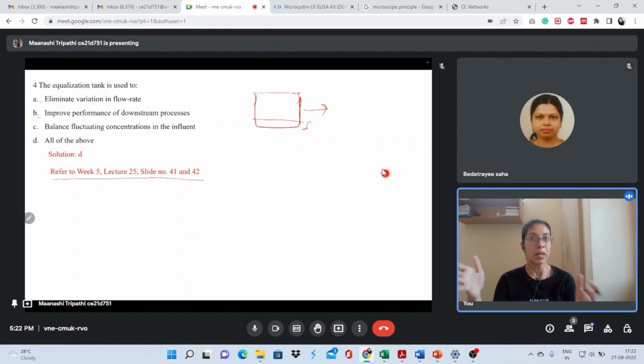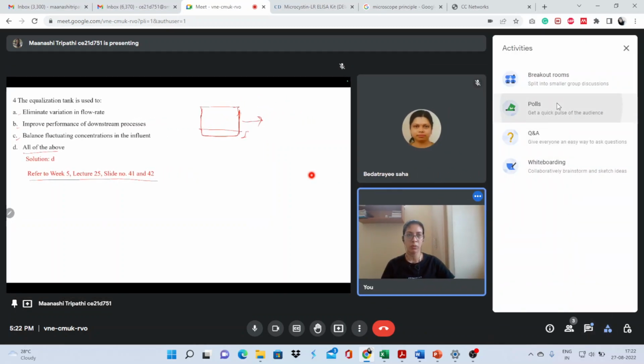Just imagine some acidic waste is coming, sometimes pH 4 acid, sometimes pH 6 acid. So the bacteria will die, no? That is why we use equalization tank, so that the quality as well as quantity of the water can be stabilized. Then we transfer that to further process. Okay, so all of the above is the answer.